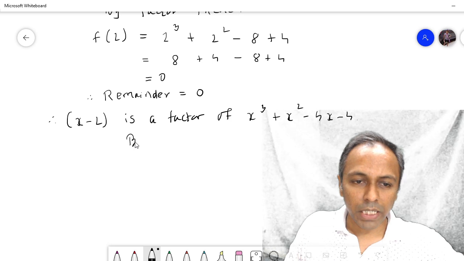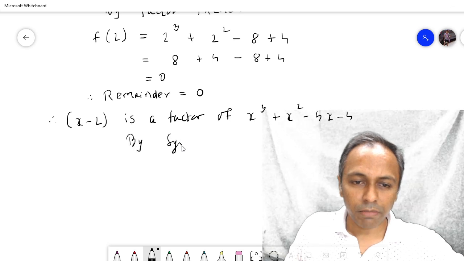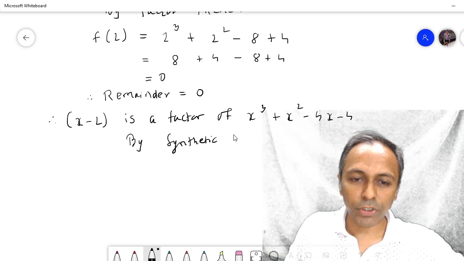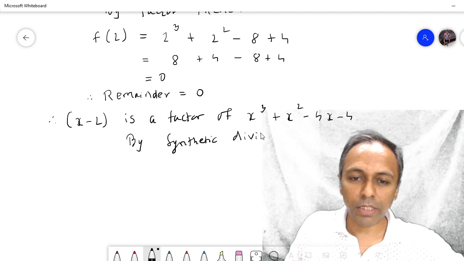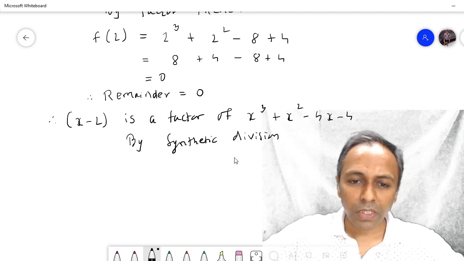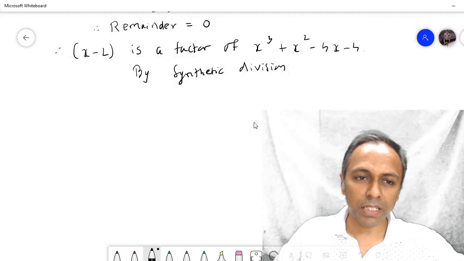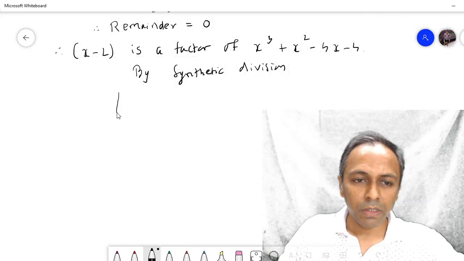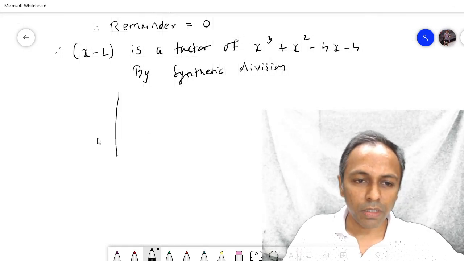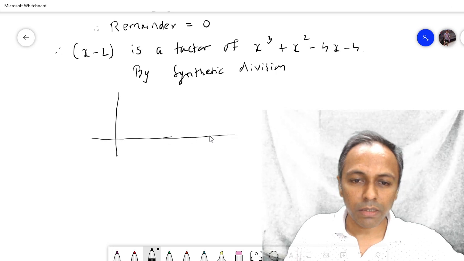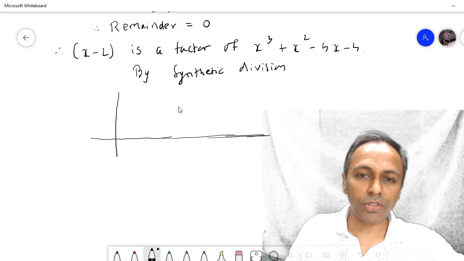Now write by synthetic division. Correct. Instead of using the division method, let's use synthetic division. Let's see if we can increase speed this time. So you were taught to make a structure like this.